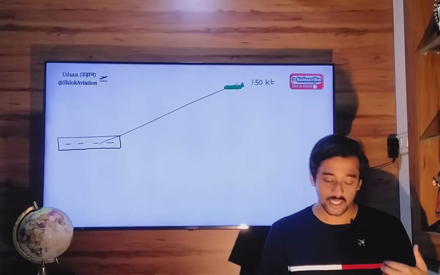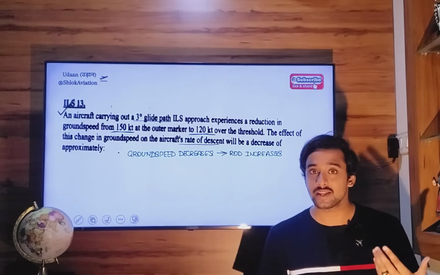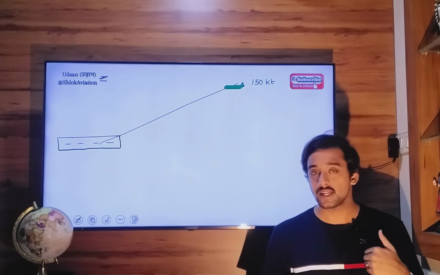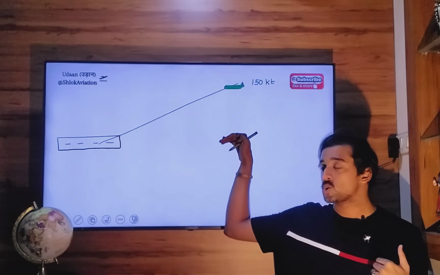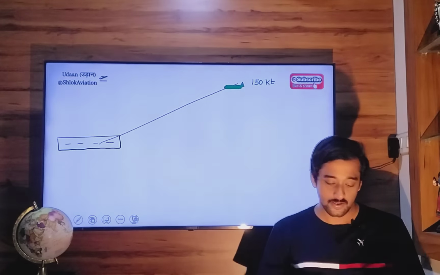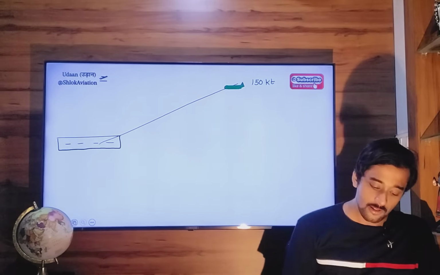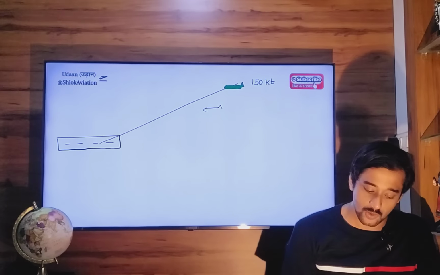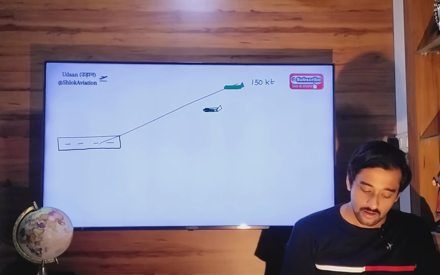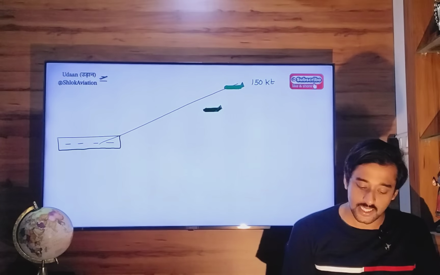So what did I just say? The rate of descent will increase, and you will come down towards the ground at a much faster rate. So instead of following this glide slope down to the runway, you will find yourself below that glide slope somewhere here, because your rate of descent has increased.